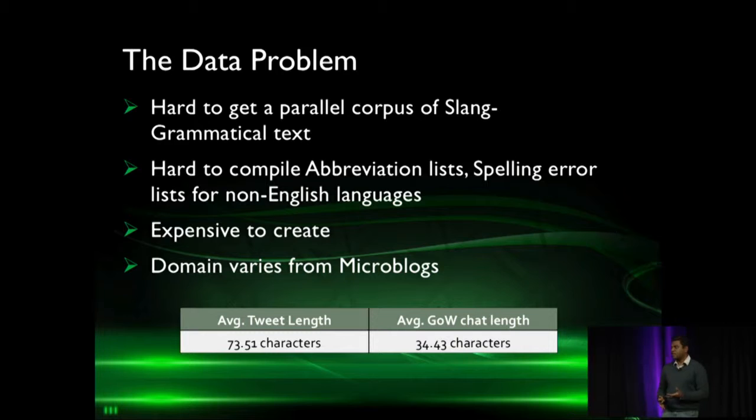I mean, the amount of slang used in gaming is much more than on tweets or on Facebook data. And also, if you look at the average tweet lengths, Twitter averages around 74 characters per tweet. The chats that we have average around 35 characters. So that gives you a very limited context. So for a machine learning system, that's again another complication to solve the problem.